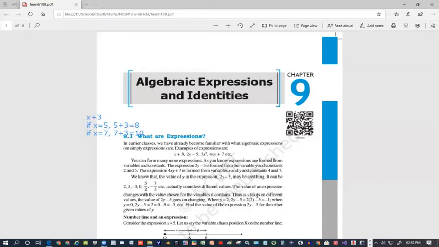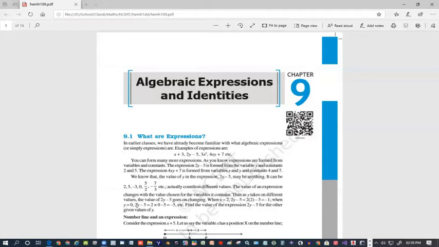Thus, as y takes on different values, the value of 2y minus 5 goes on changing. Similarly, you can verify it with this example, 2y minus 5. When y is equal to 2, this will become 2 into 2, 4, minus 5, so minus 1.